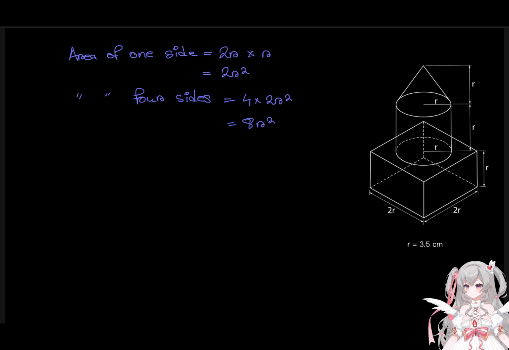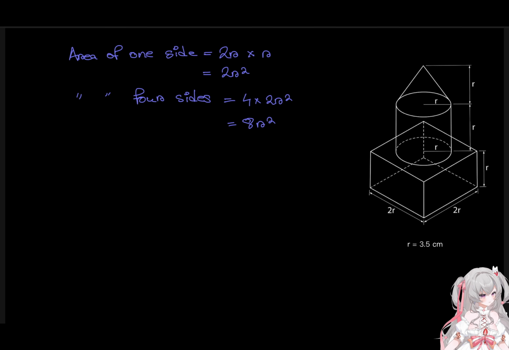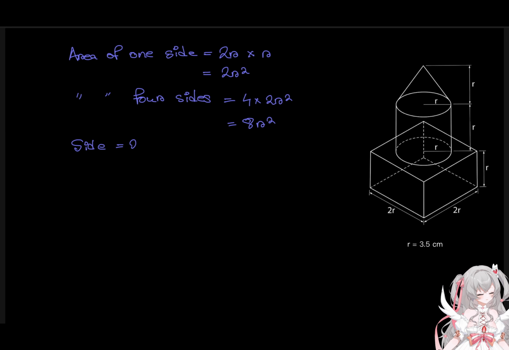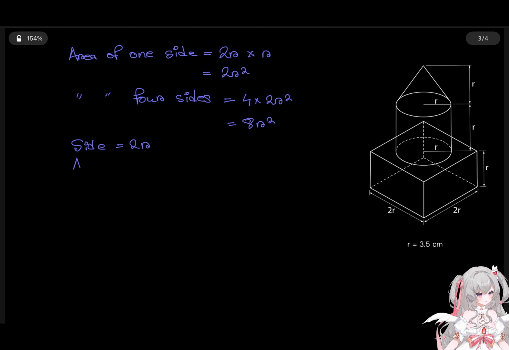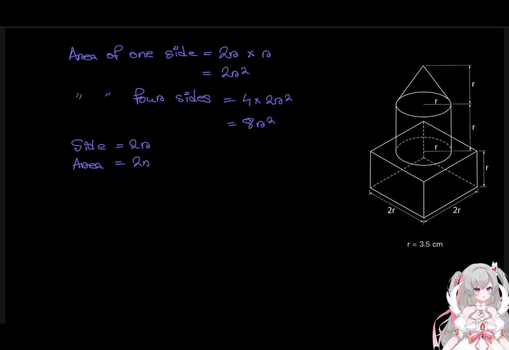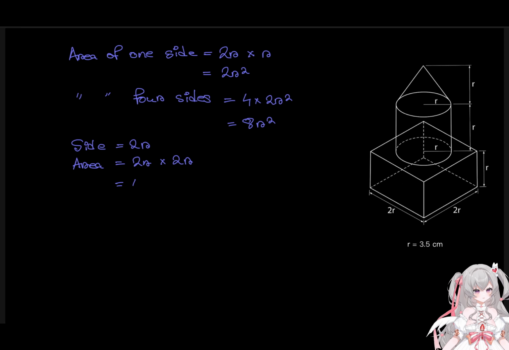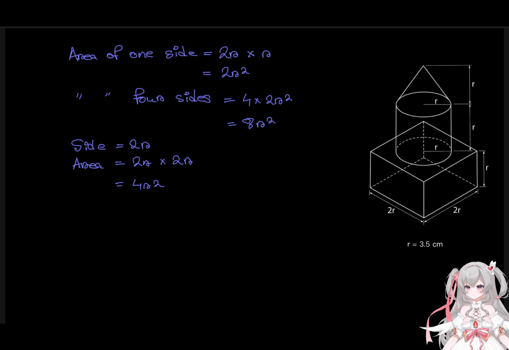Next, the bottom square, where each side is 2r. As a result, we get the area to be 2r multiplied by 2r, and we get 4r squared as the solution. So now we deduct the circle, where the cylinder sits, basically this part, from the top square, which is this part.